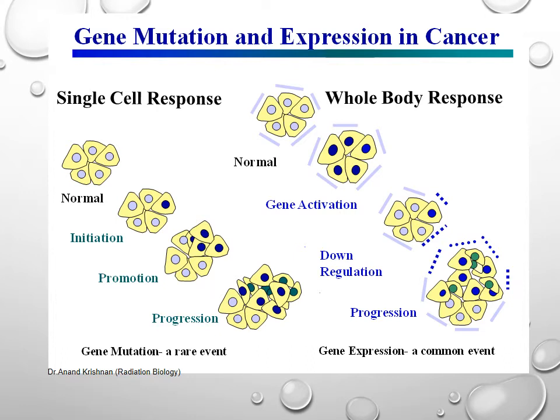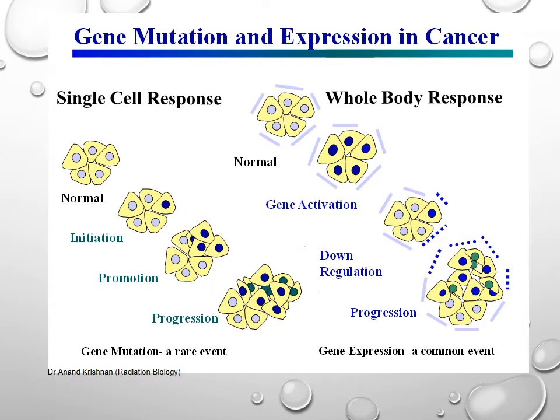So for this effect to become permanent by radiation, it has to occur over a period of time. It has to constantly keep hammering. At this point of time, we will not be able to see any effect related to the radiation, which, like we discussed before, is called the latent period.